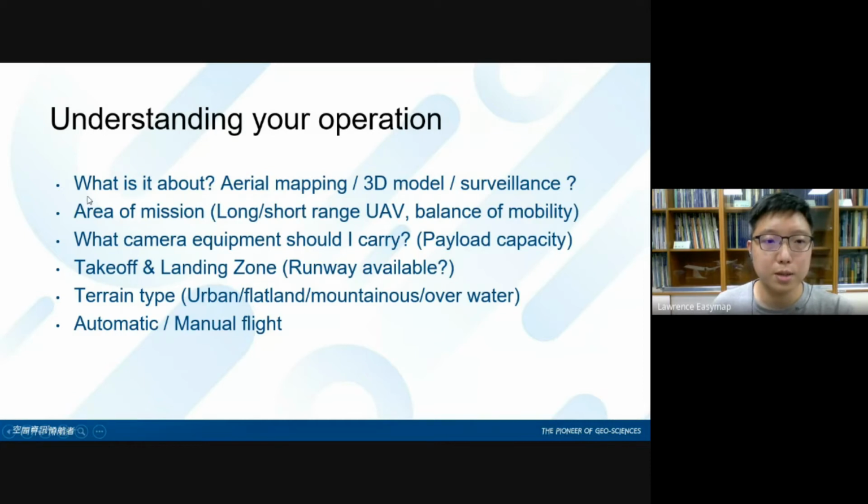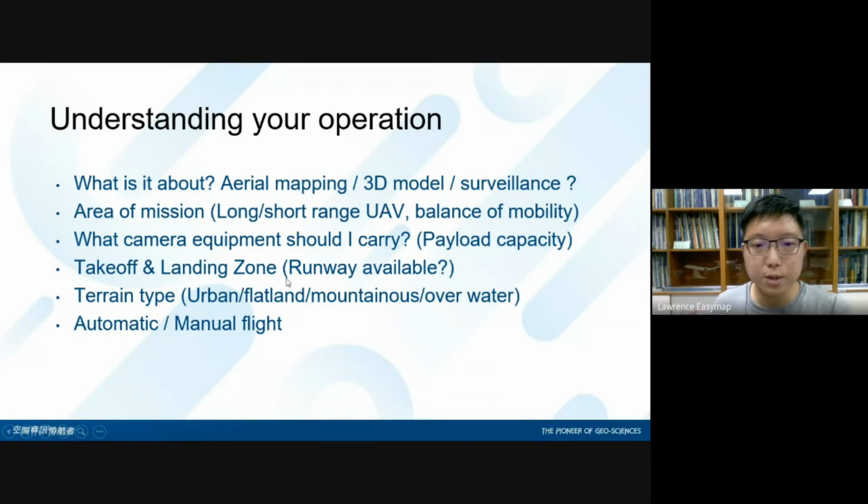The second part is the area of your mission. Are you going to execute a mission over a large area? Then you may need a larger UAV, or a fixed-wing aircraft may be a better option. You need to think about what kind of camera or equipment you should carry, which brings up the question of your payload capacity. Is there any takeoff and landing zone near your mission area?